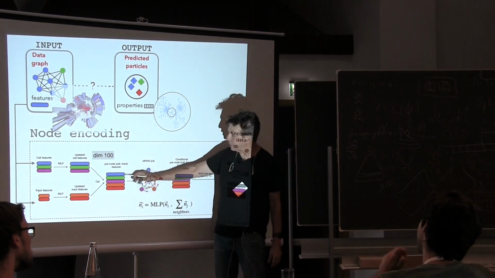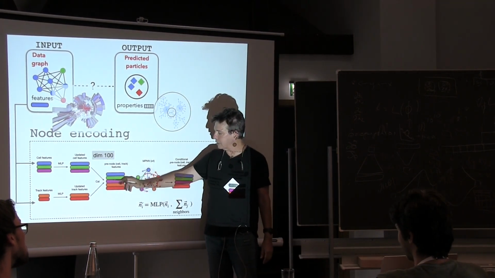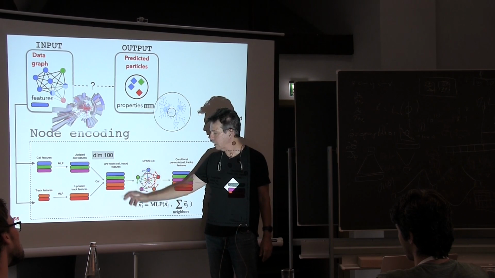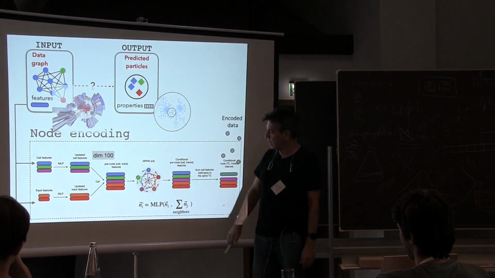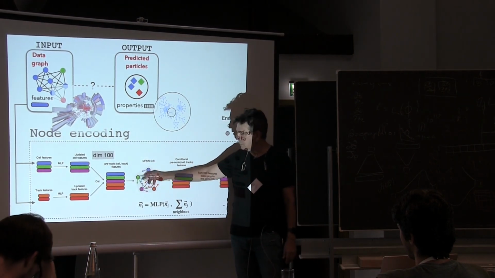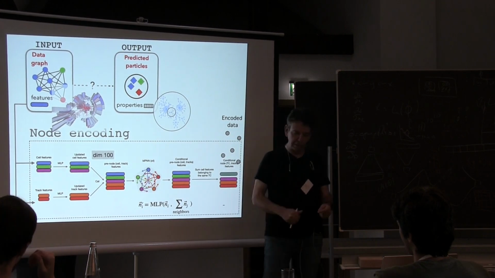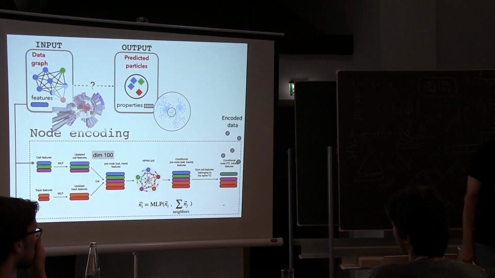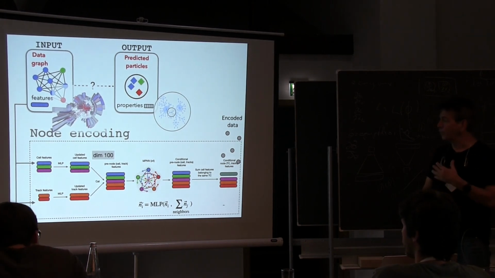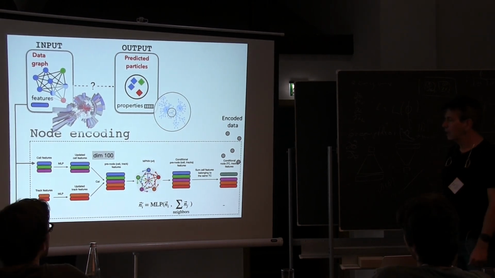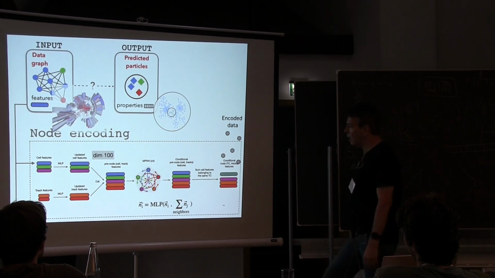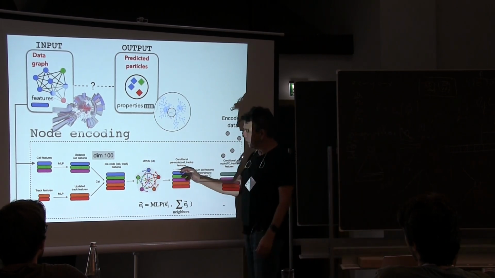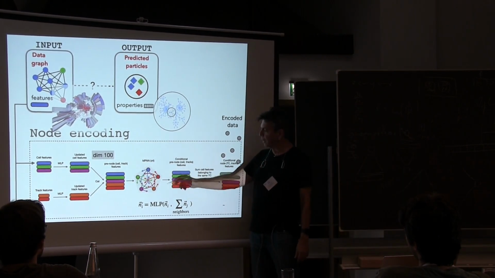I concatenate the tracks and the cells. I send everything to the GNN mixer. I run it 4 times. I get the computer language objects here.